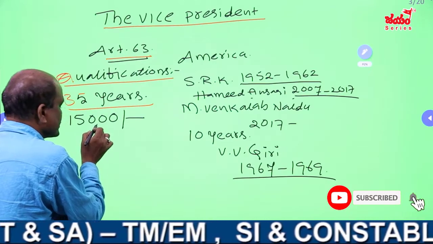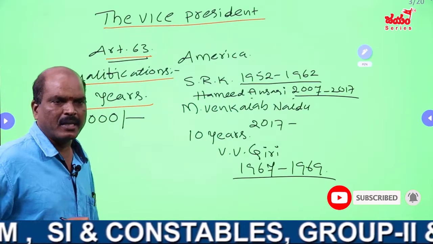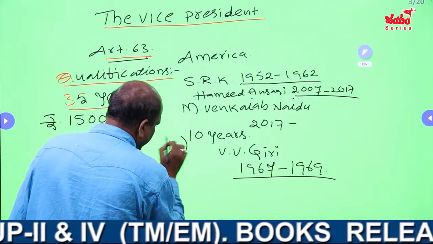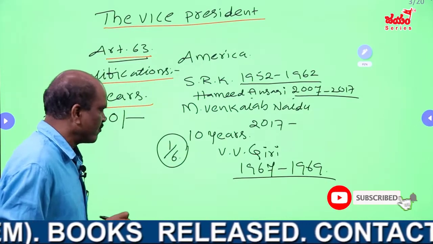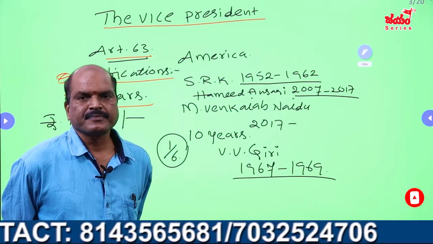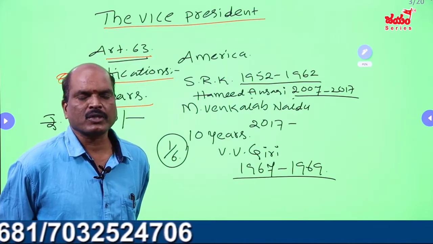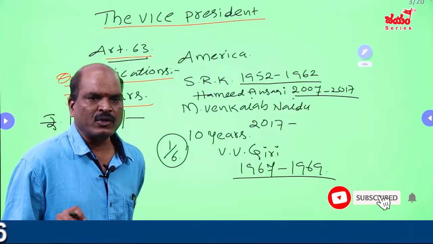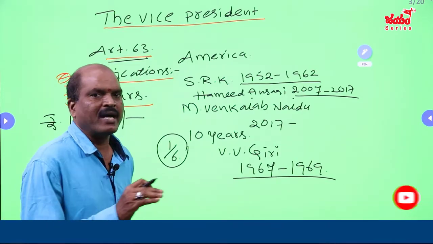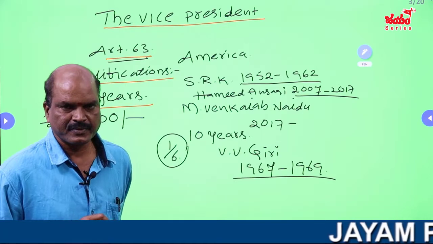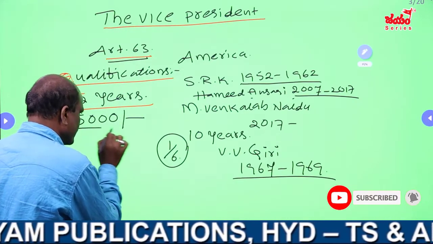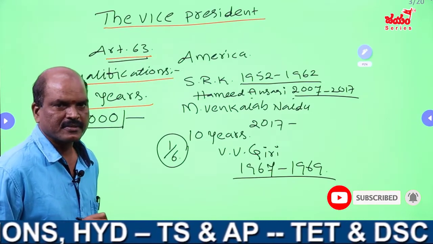This amount is conditionally refundable. What is that condition? At least 1/6 of votes should be got out of total polled and valued votes. Otherwise, they won't give this amount back to us.